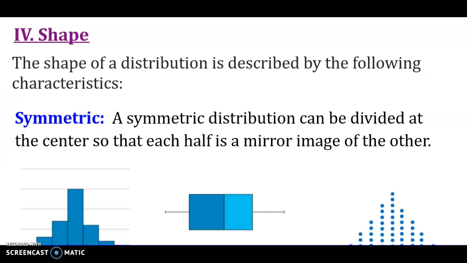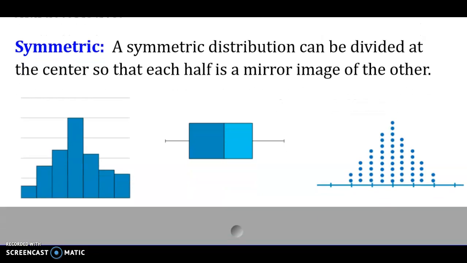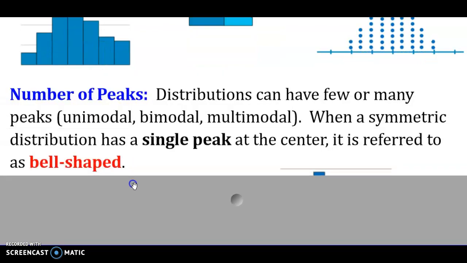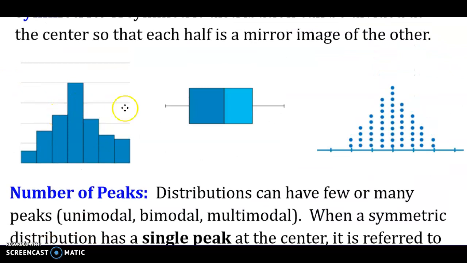Next up, shape. And there are multiple types of shapes that we look at. First off, symmetric. Symmetric is something that's even on both sides. So we can say that roughly, it's not exactly, but generally, you would say there's symmetric data here. About as many people on this side, and about the same shape as that side. It's a little bit different, but we'll say that this is symmetric in general. Next, let's take a look at the number of peaks. In this case, there's just one peak.